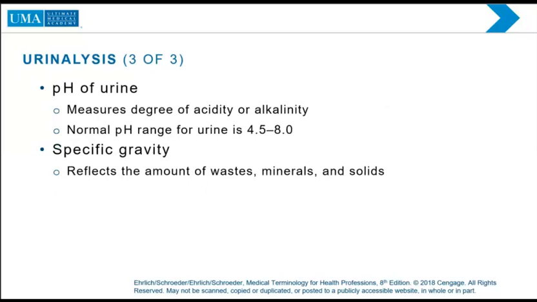Continuing on with the urinalysis, the pH of the urine measures the degree of acidity and alkalinity. It also looks at a normal pH range, which is 4.5 to 8.0. Our urinalysis may also look at specific gravity, which reflects the amount of waste, minerals, and solids.